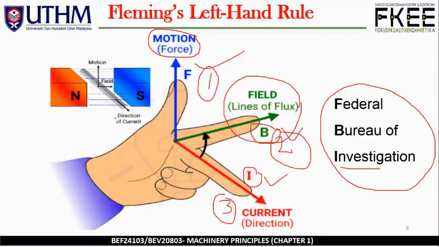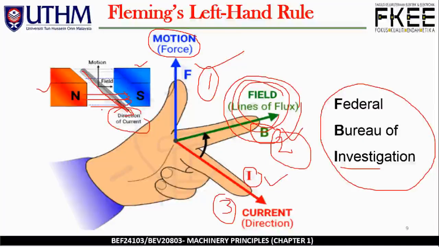Some applications you can see here with the presence of a magnetic field. The magnetic field is produced by this magnetic bar, with north and south pole. The magnetic field always flows from north to south, represented by your pointing finger, the one in green. Then your current is flowing in this particular conductor in this direction.